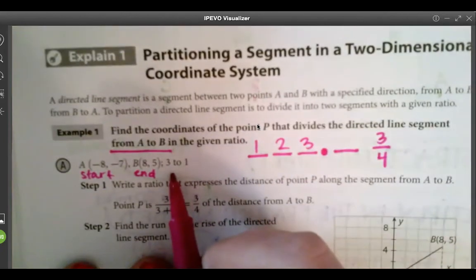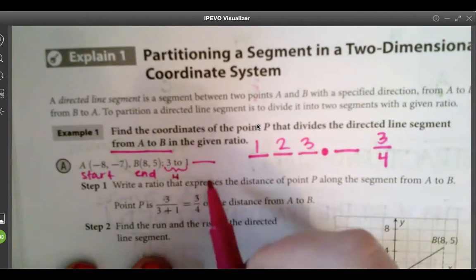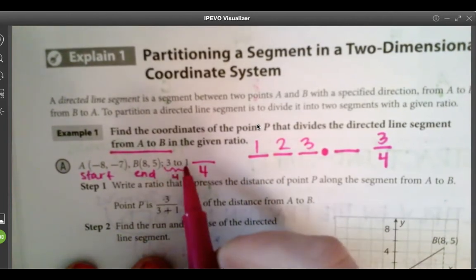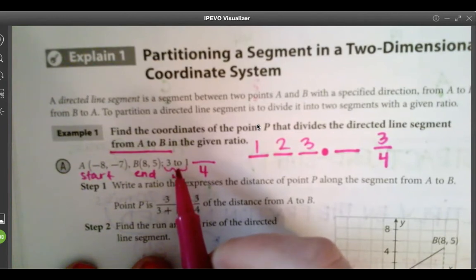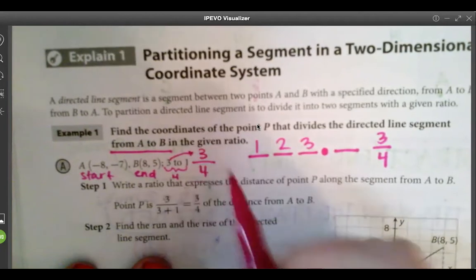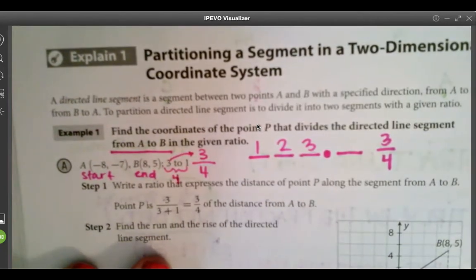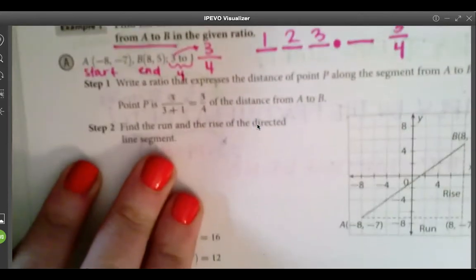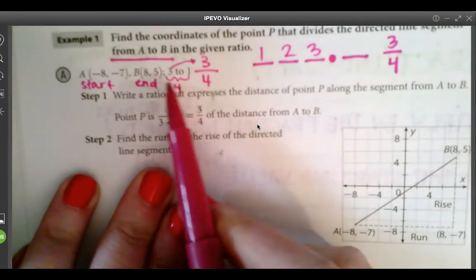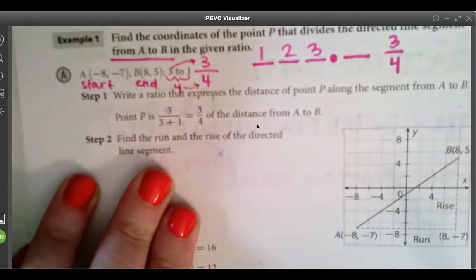Now, the way you're going to do this every time is the bottom number is just the sum of these two added together. So 3-to-1, whatever those numbers are, you just add them up. 3 + 1 is 4. And then the front number is what goes on the top of your fraction. So that'll save you from having to think it through like that every time. You just add up those two and put it on the bottom, and then take the front number and put it on the top.